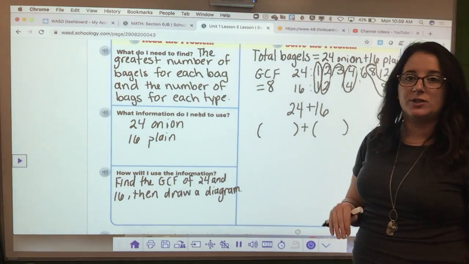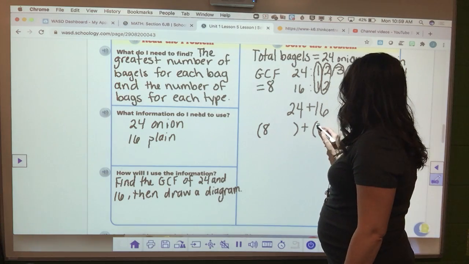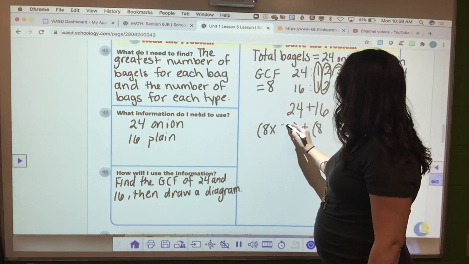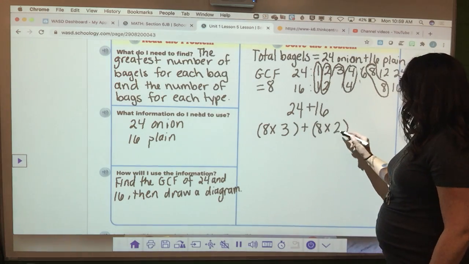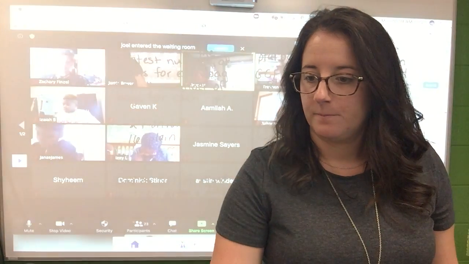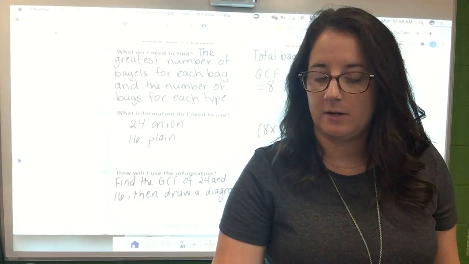We said 8 was our greatest common factor, so we're going to use 8 times something to get both of our numbers. So 8 times 3 is 24, and 8 times 2 is 16.